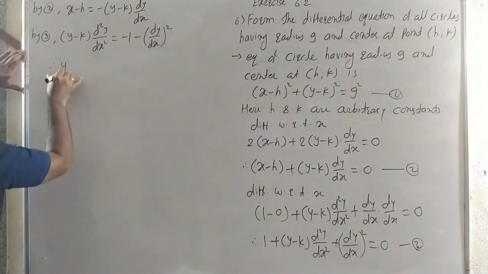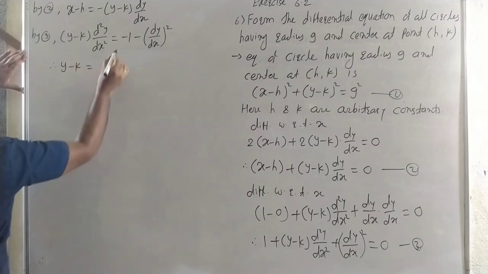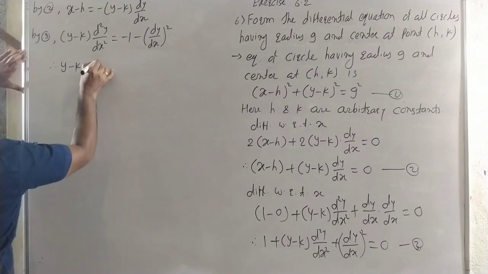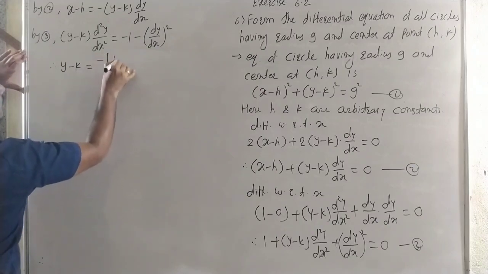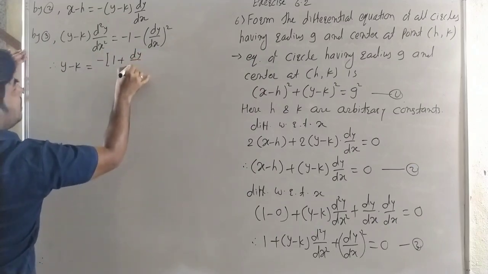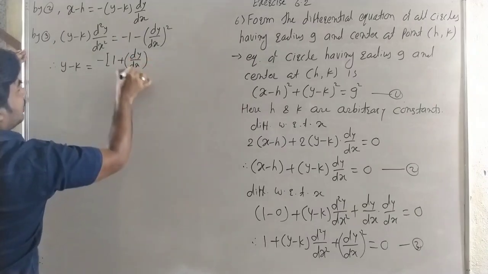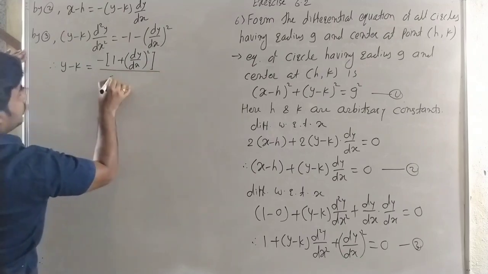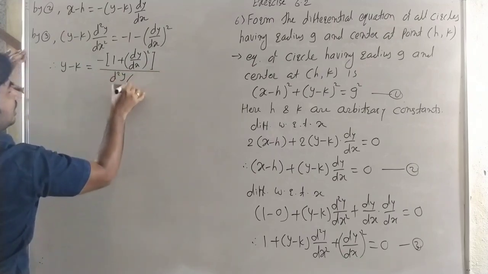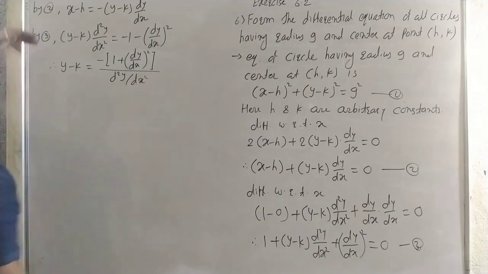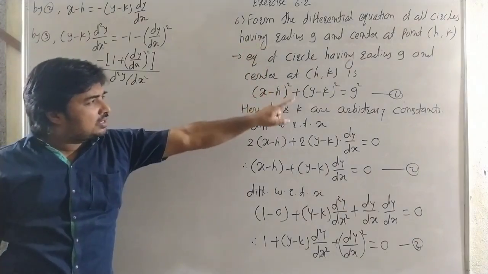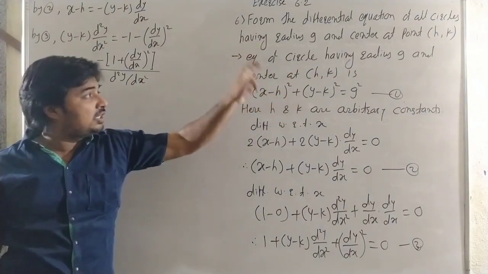Therefore y − k is equal to, taking d²y/dx² in the division, taking minus common, we can write (1 plus (dy/dx)²) upon d²y/dx². Now we have x − h and y − k. Put the values in (x − h)² + (y − k)² = 9², that is equation number 1.